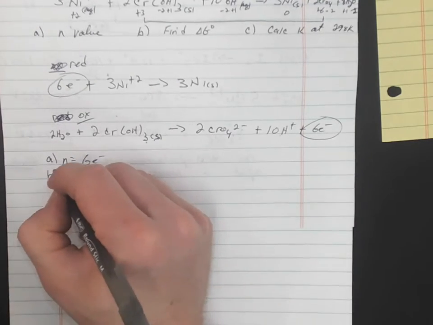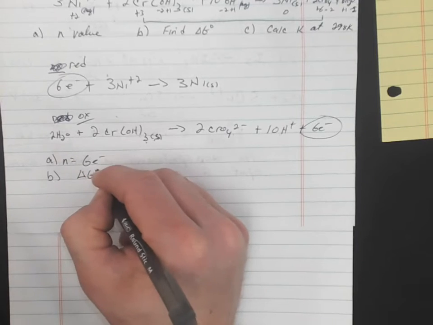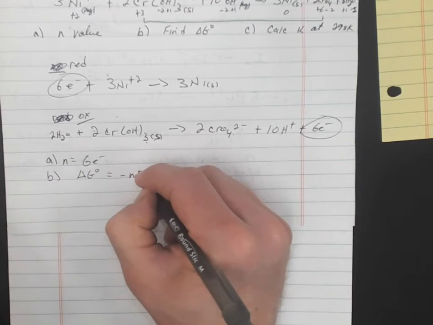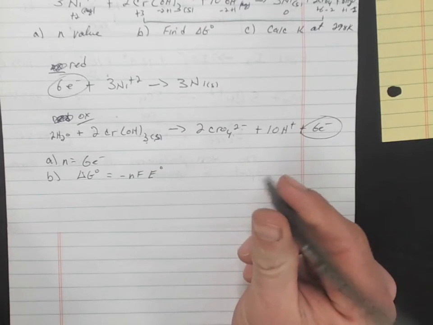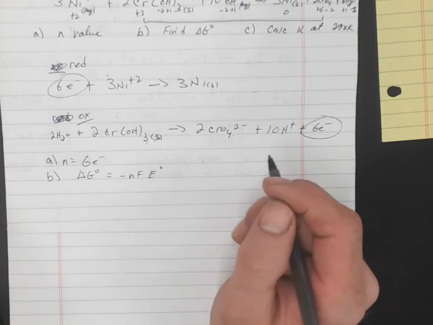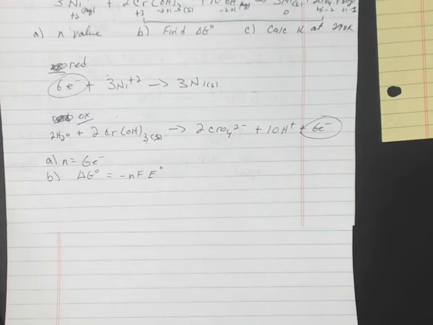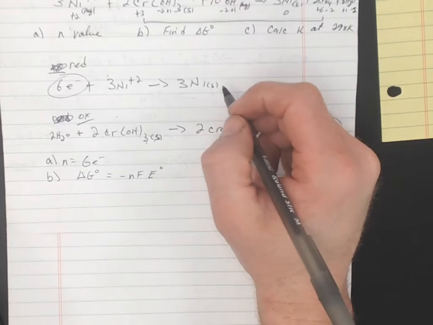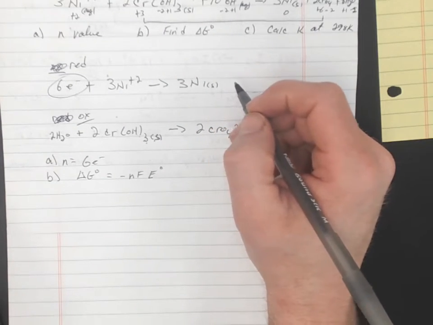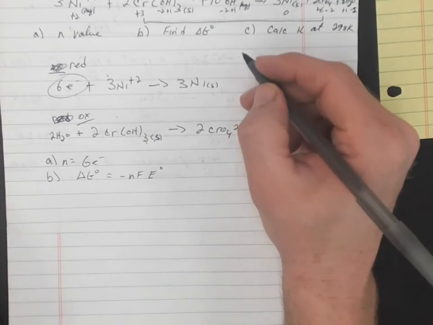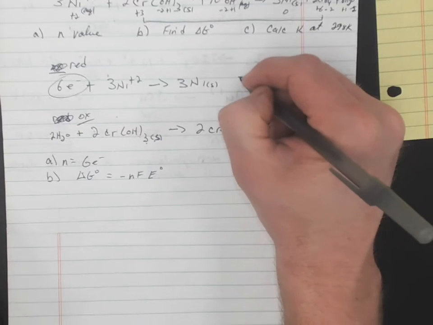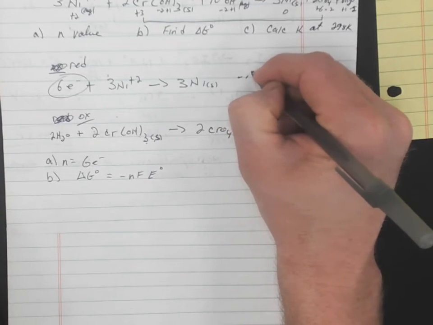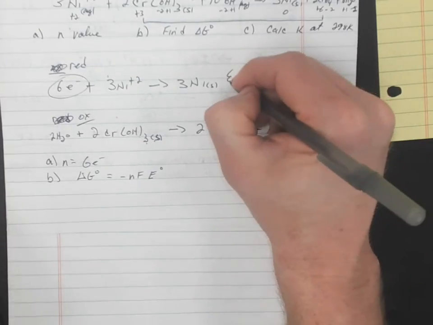Okay, we're ready now, in B, to find delta G naught, and we can do that using -nFE naught. In order to do that, we've got to find our E naught for the cell. I will give you the values here; we've done enough of these, you don't have to look them back up. Our reduction occurs at the cathode, and this E naught value is -0.28 volts.